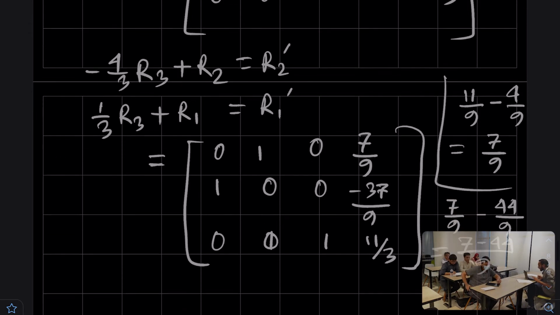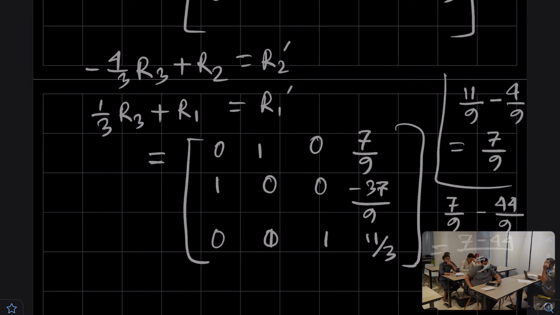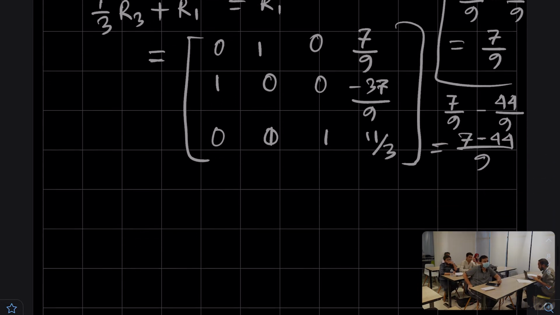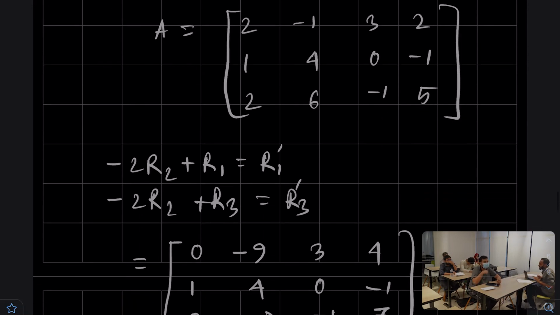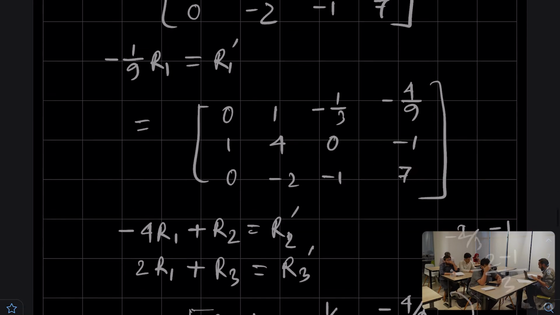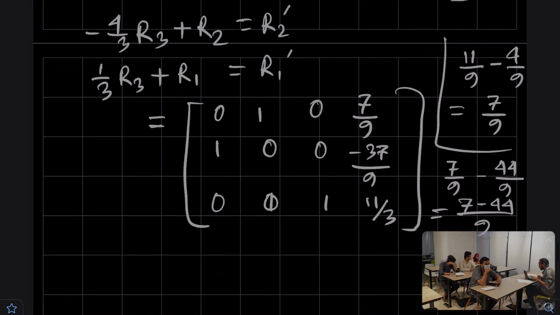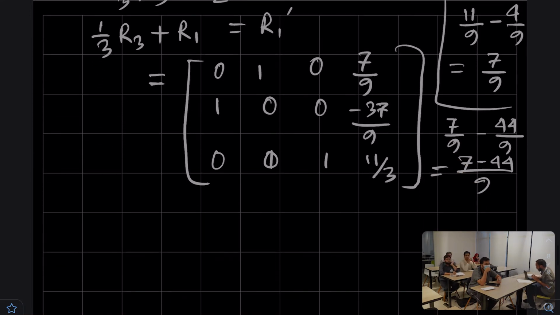So finally I am getting this matrix, right? I started from the matrix A equals this, and after taking these elementary row operations, I end up with this.